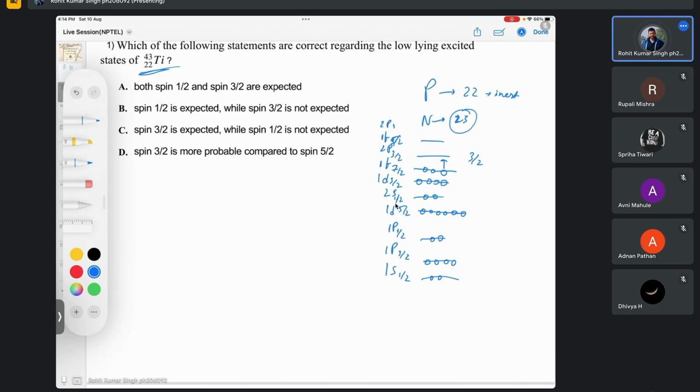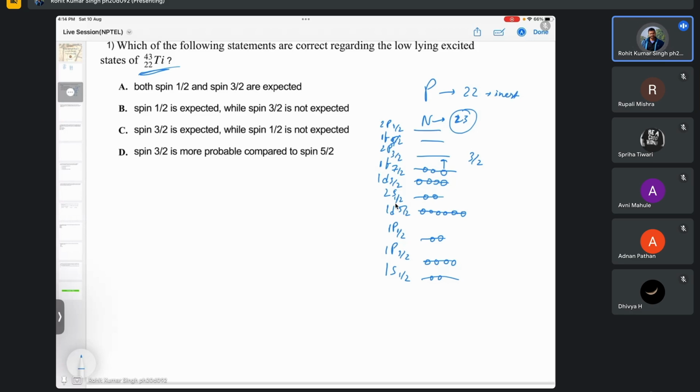Which is very unlikely for a neutron to jump to, two states and go to half. So this option is obviously wrong. This one is also wrong. Spin half is not expected. So this one seems correct.